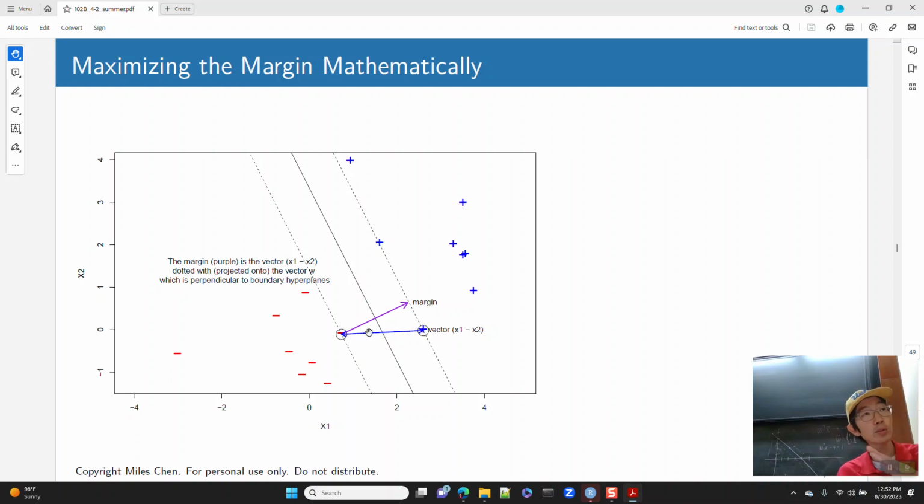We know w is in this direction, and if you dot a vector onto another vector, it gives you the distance along that vector. When you dot it, you're projecting one vector onto another vector.